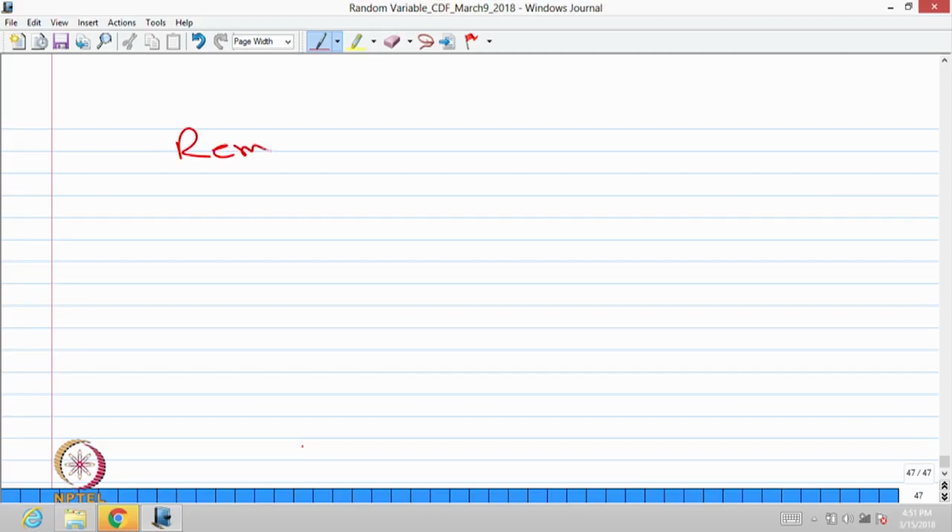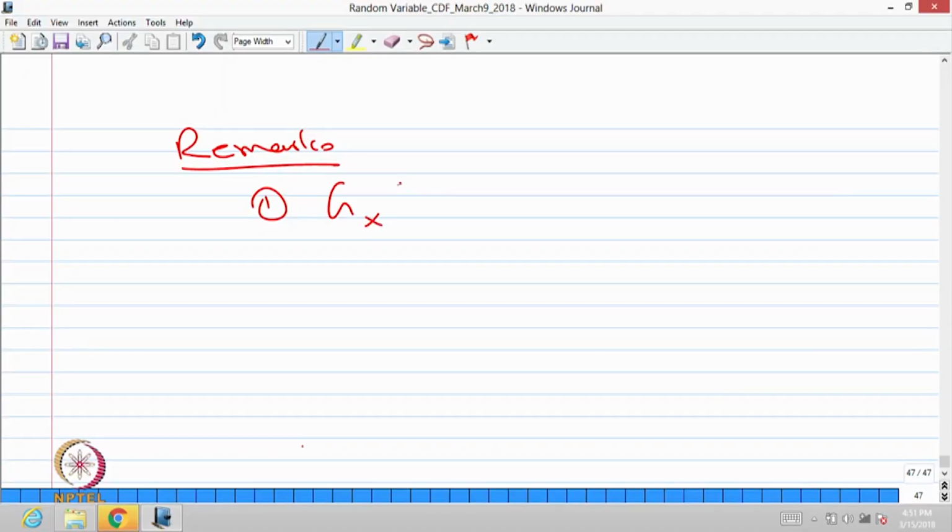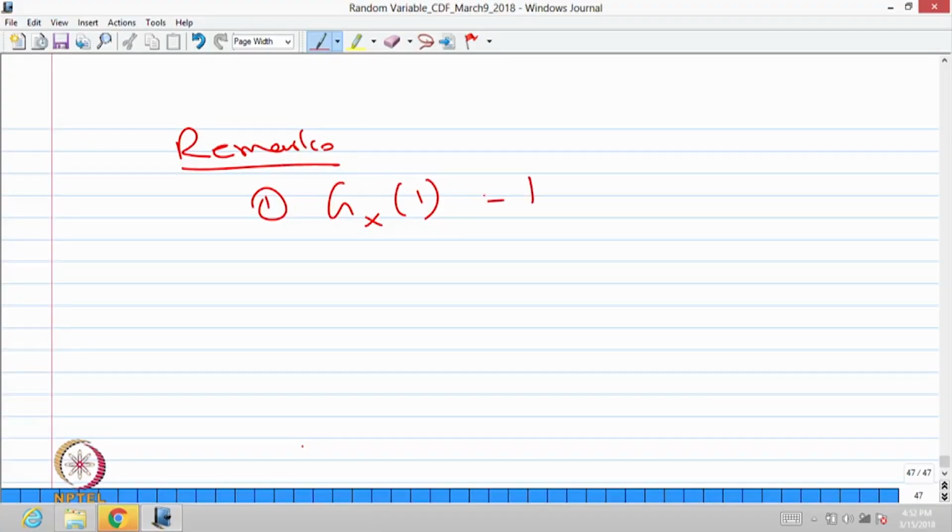As a remark, the first remark, since I said that the right hand side series converges between minus 1 to 1, if you substitute the value s is equal to 1, you will get the summation of probability of x equal to k, that is nothing but 1, because that is a probability mass function. So, this value is going to be 1.